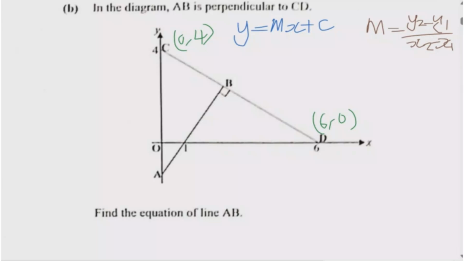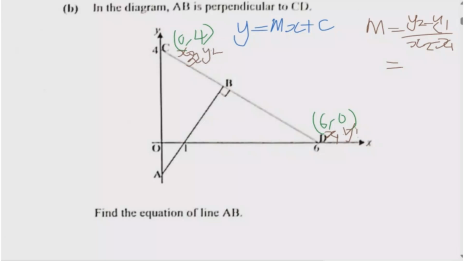Then we're going to say equal to. So let's take D as the first point, which is x1 and y1, then C as x2 and y2.